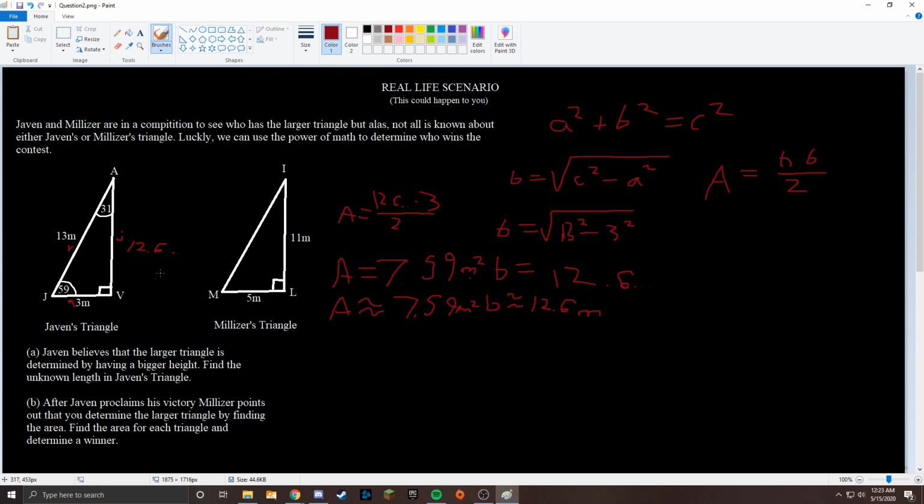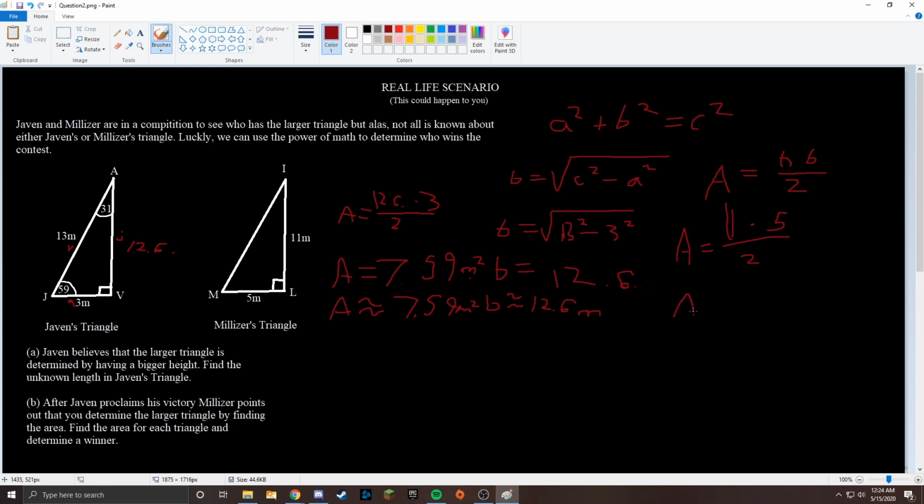All right, now moving on to Meliza's triangle. I don't know if you're seeing a pattern here, but it looks like these numbers are kind of bigger. So if this was the ACT, you could predict, get it much quicker to figure out the answer.